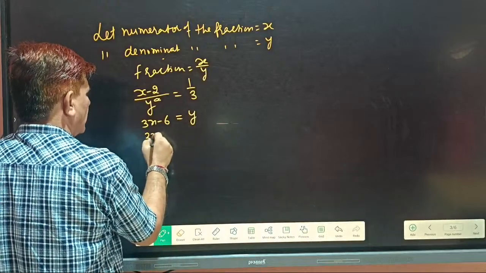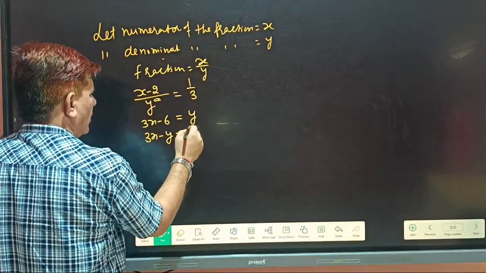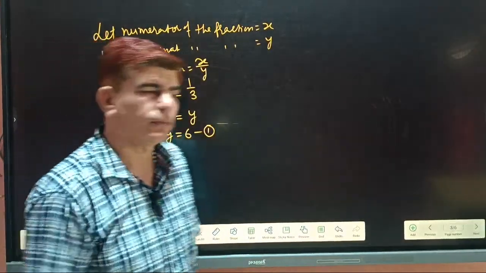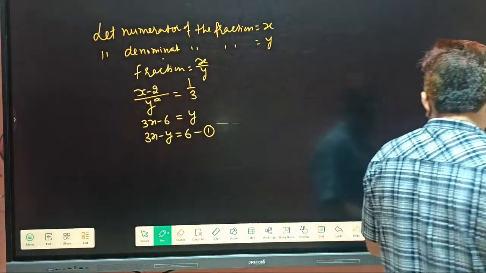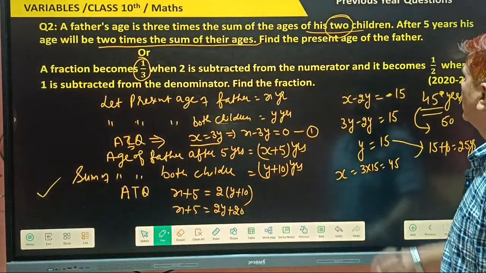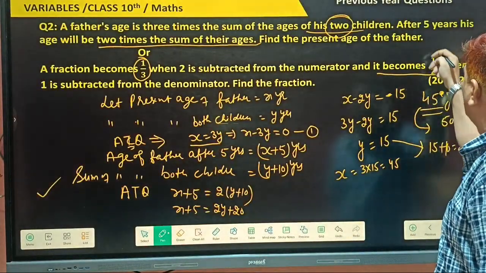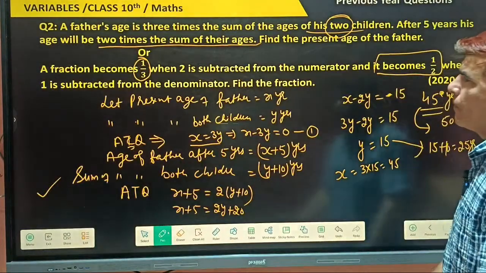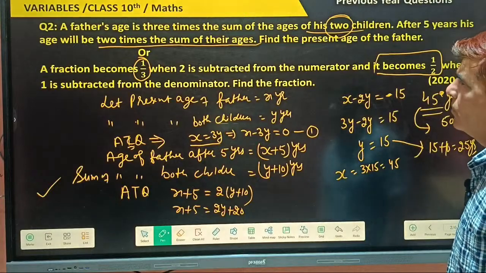So 3x minus y equal to 6. This is your first equation. Second condition, and it becomes 1 by 2 when 1 is subtracted from the denominator.